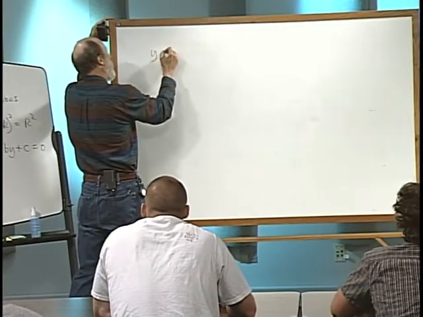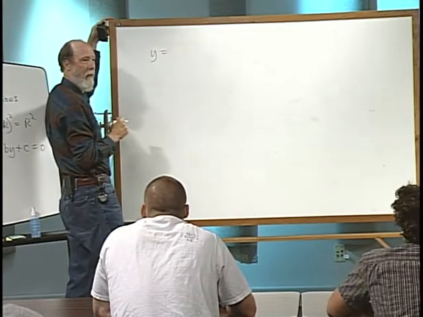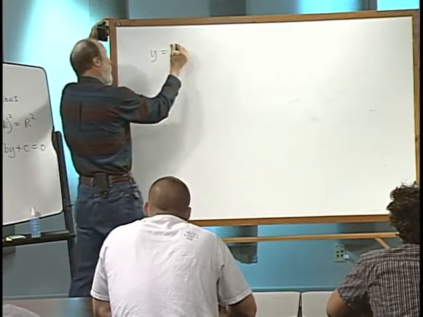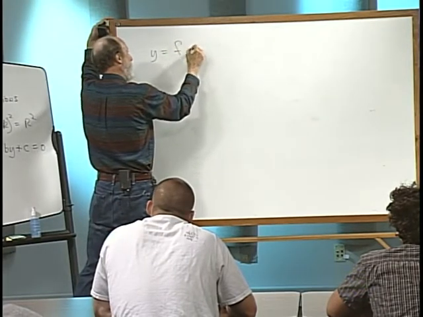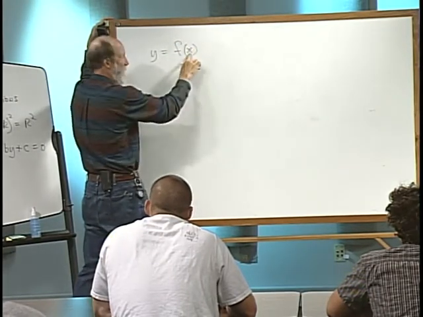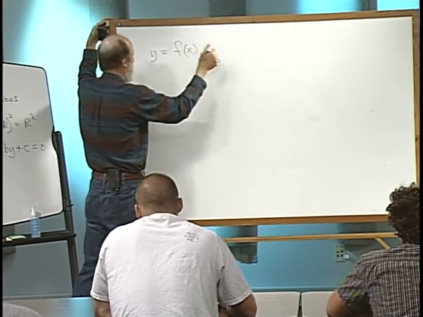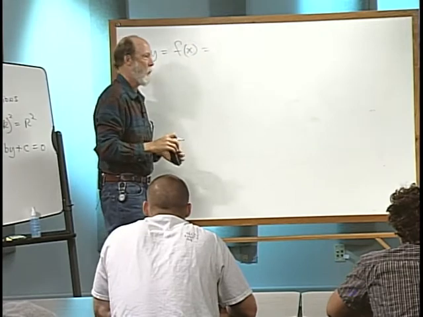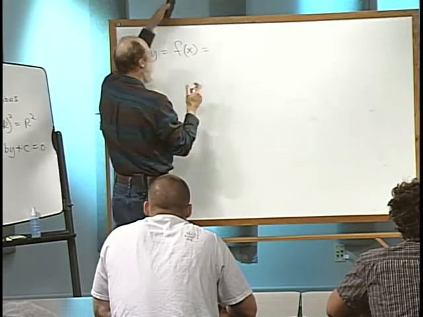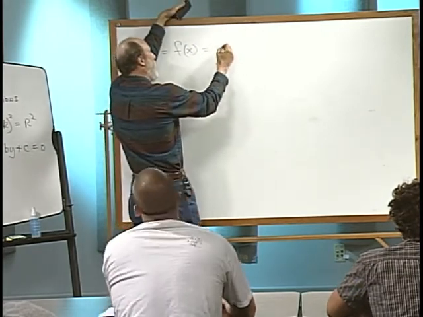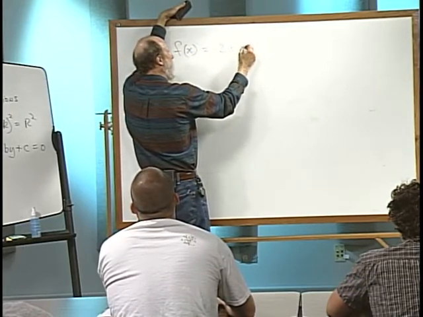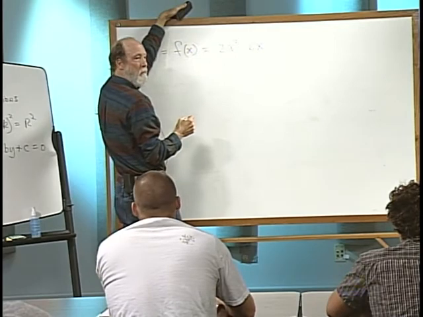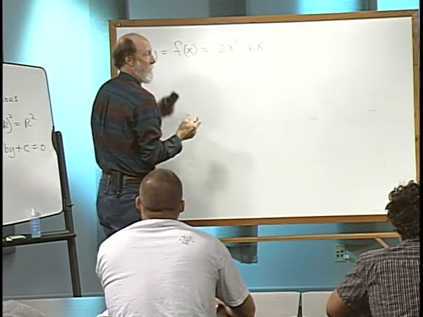So let's say I have a function, call it y, and y is an output value. And if I use the notation f of x, then x is my input value. And let's say I have a quadratic function. How about 2x squared minus 6x? Okay, let's just stick with something like that.